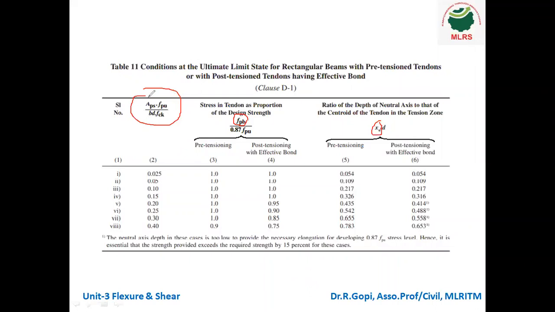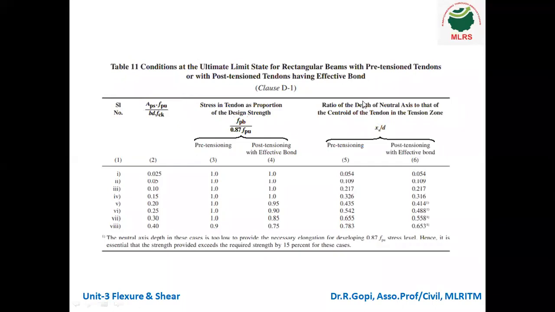First, the first step is we have to calculate the ratio APS FPU divided by b d FCK. So this ratio we get from 0.025 to 0.4. Okay, and using this ratio, the next step is we have to find the stress in the tendon, that is FPB. Okay, so next the neutral axis depth XU.